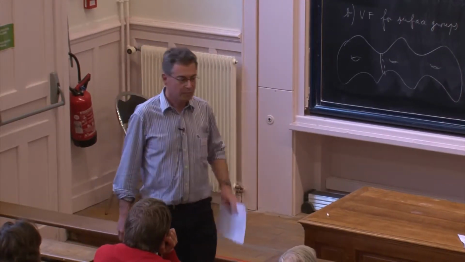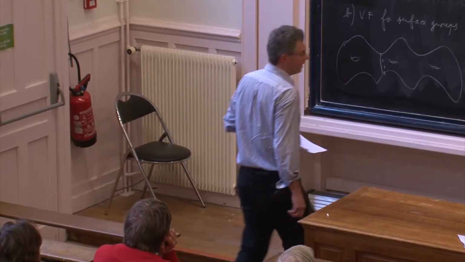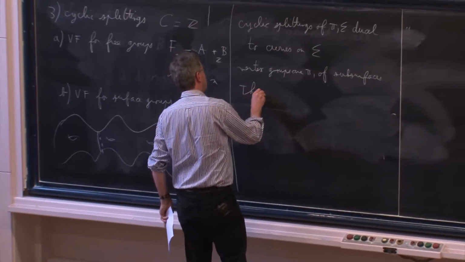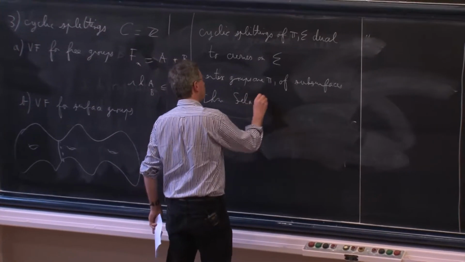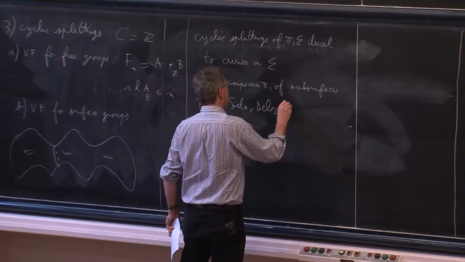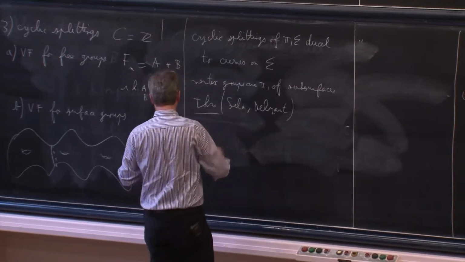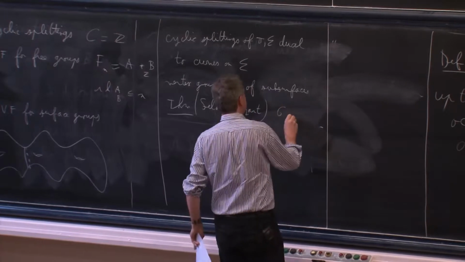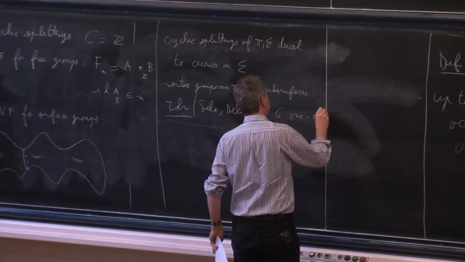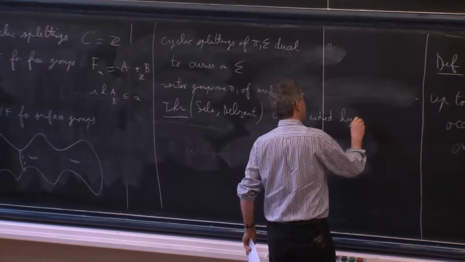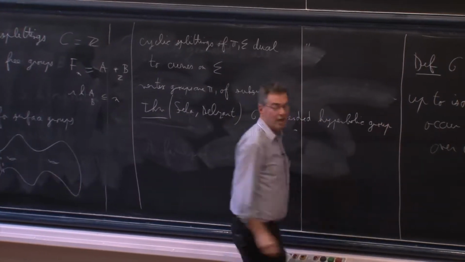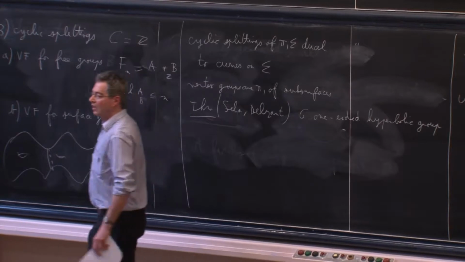So this is a special case of a more general result, which is due to Sela and Dahmani. Which is the following. So G is a one-ended hyperbolic group, hyperbolic meaning Gromov hyperbolic.